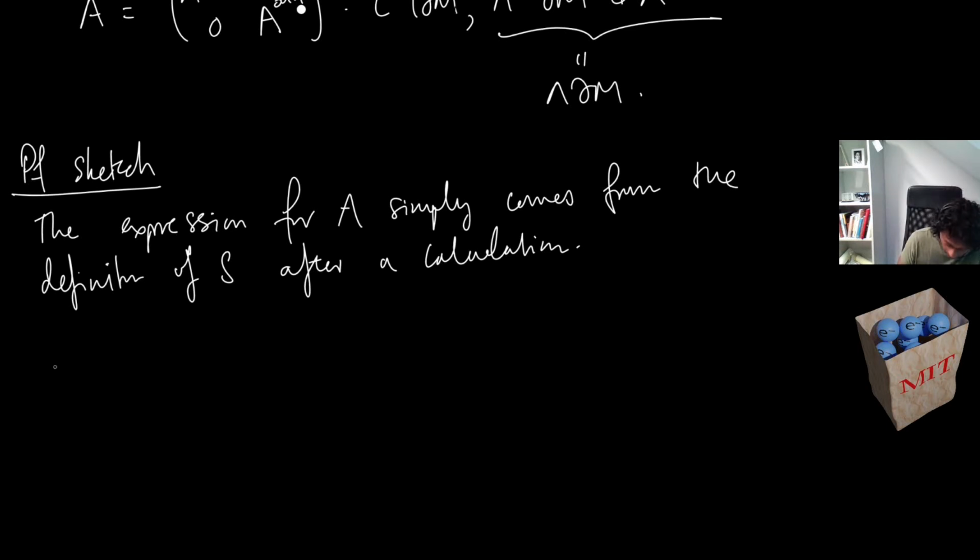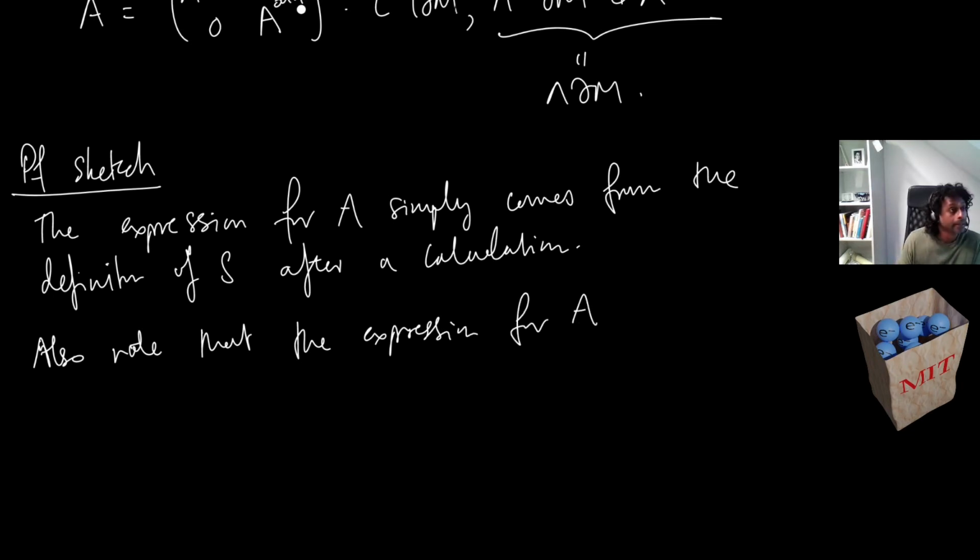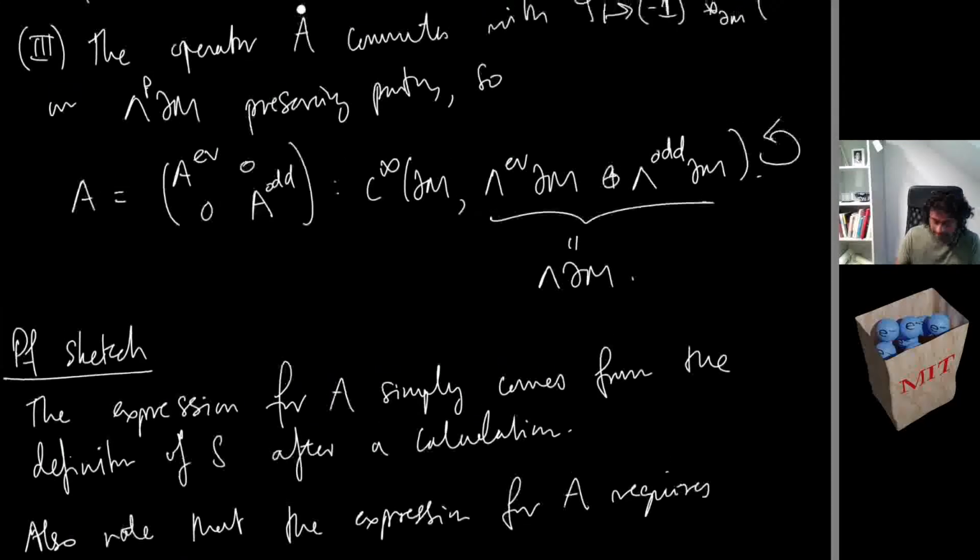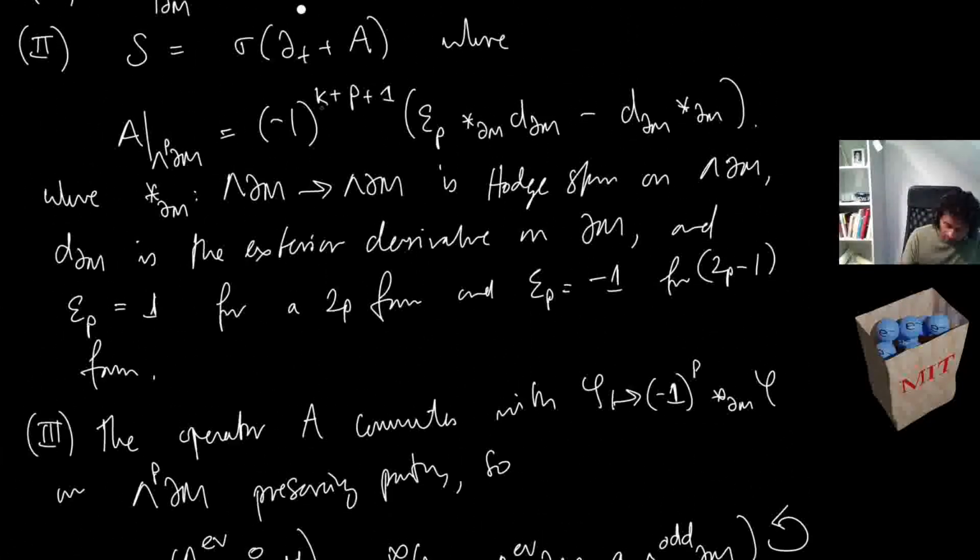Okay, so also note that the expression for A requires the dimension of M to be 4k, because it has a factor here of k.